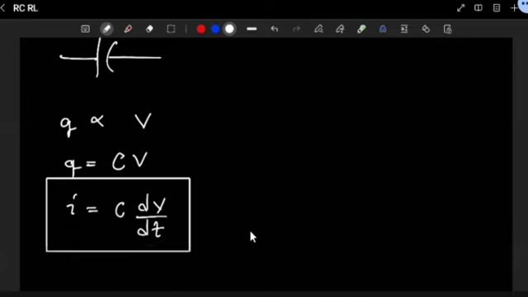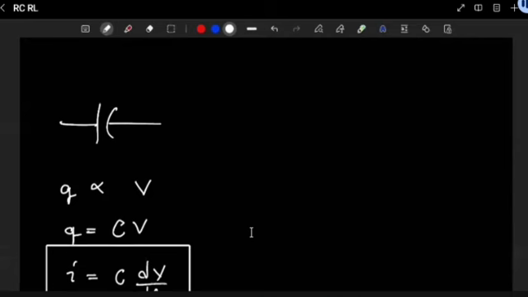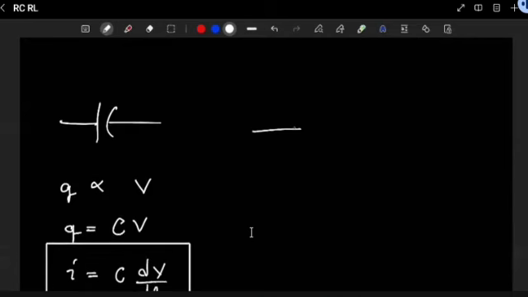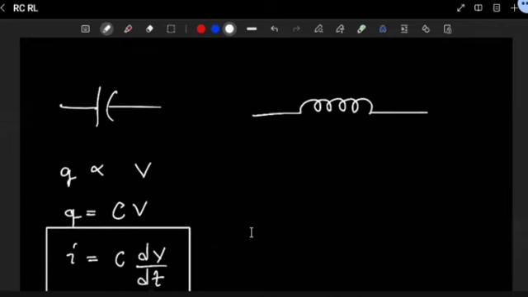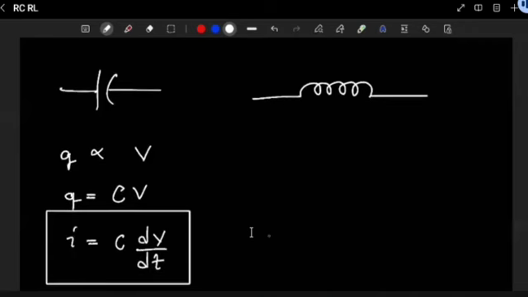In the same way, if you're dealing with an inductor instead, just like a capacitor, an inductor also stores small amounts of energy in its field. However, we look at an inductor in terms of voltage.